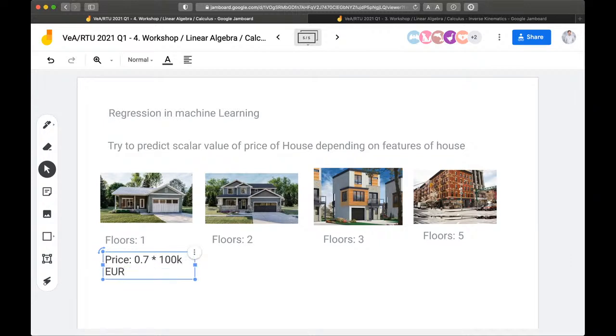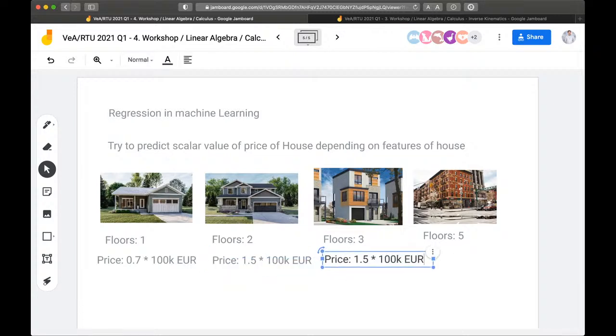I don't know, don't take this too seriously. This will be just an example. This one will be 1.5, then this one is going to be 4.5, and the last one is going to be 9.5, for example.